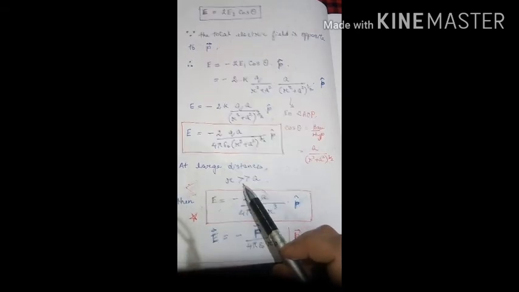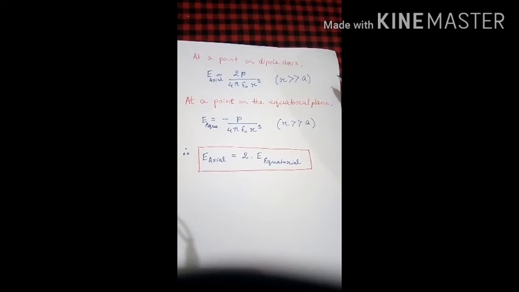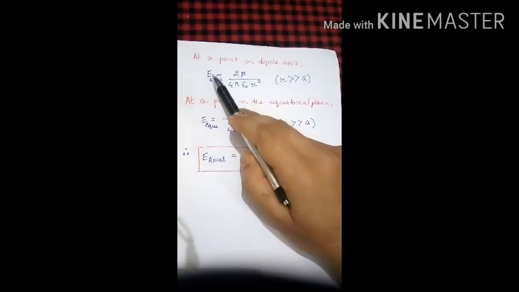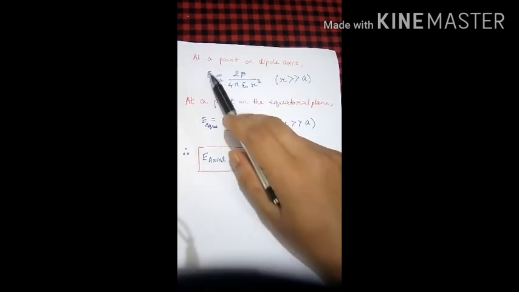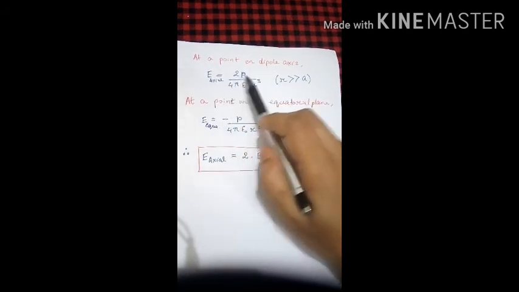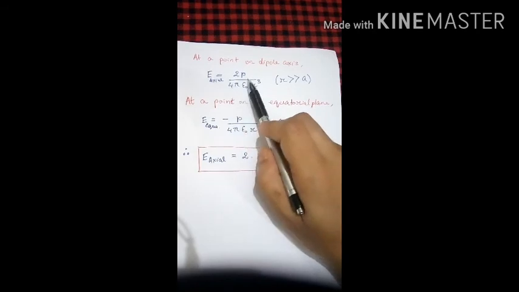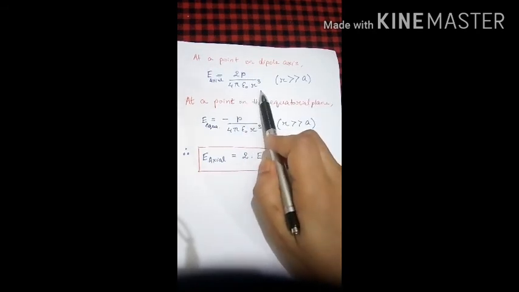Is it clear? So now what we can conclude, we have already studied two cases, the electric field intensity on the axial line of an electric dipole and on the equatorial line of an electric dipole. What we have found is that the electric field intensity on the axial line, E axial, is equal to 2p divided by 4 pi epsilon naught r cube.